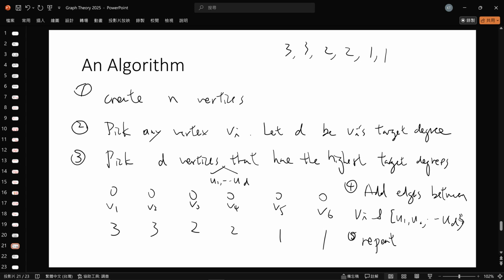We pick the ones that have the highest target degrees. So can we change the design here? For example, can we change this highest to like the lowest?